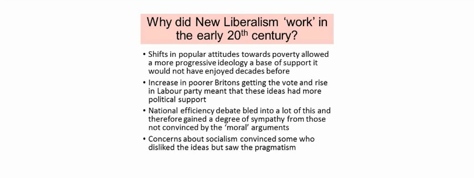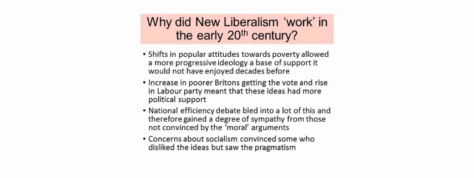The idea that people want to have at that point that actually, yeah, poverty is bad. It would not have worked 20 years before. Arguably as well, as more and more poor people got the vote and the rise of the Labour Party increased, more and more people have been politicised into the idea that perhaps we should do this. Perhaps we should give people the vote. And perhaps we should do these ideas.